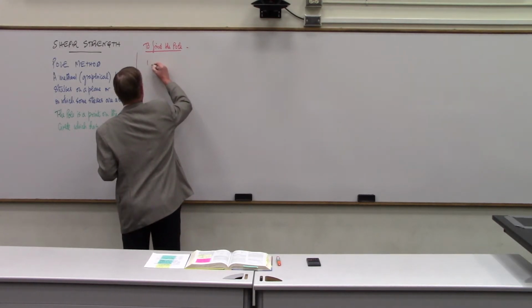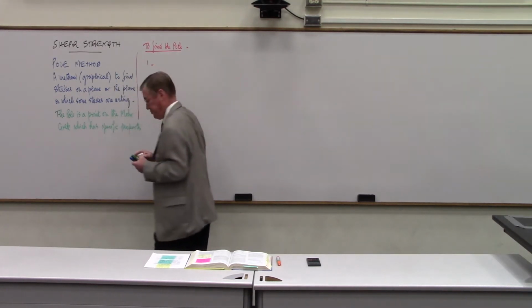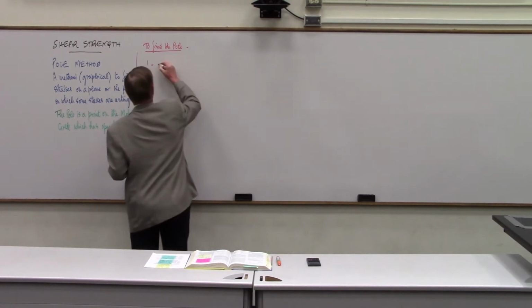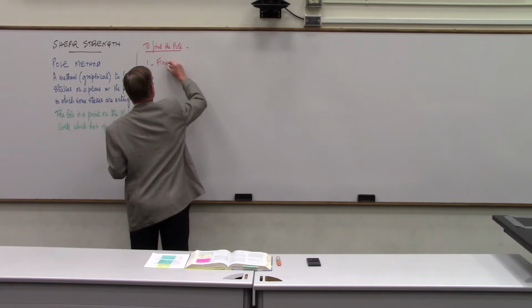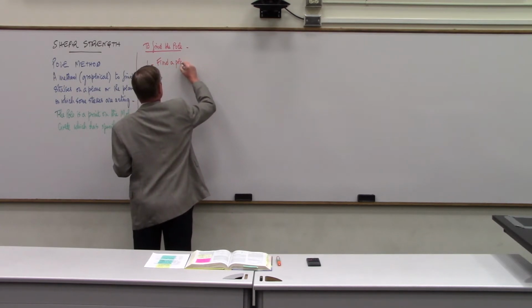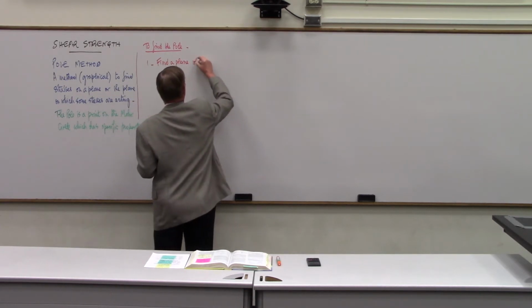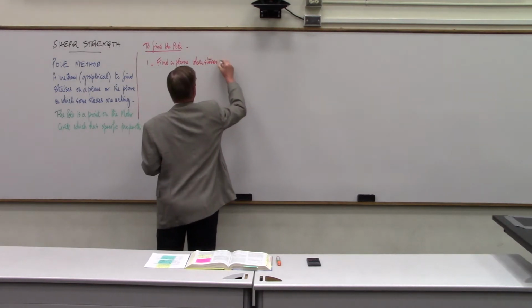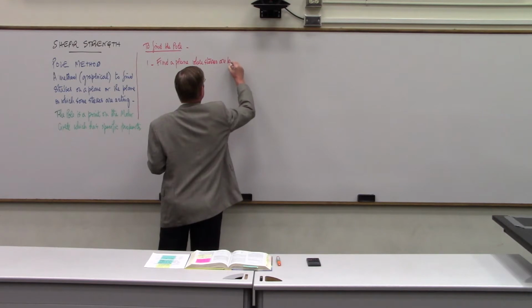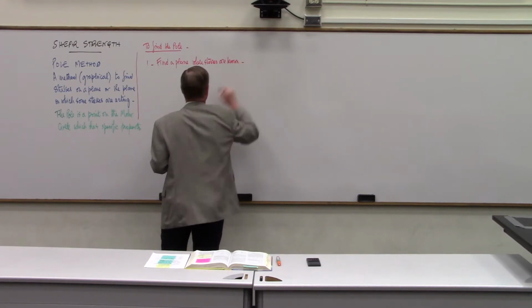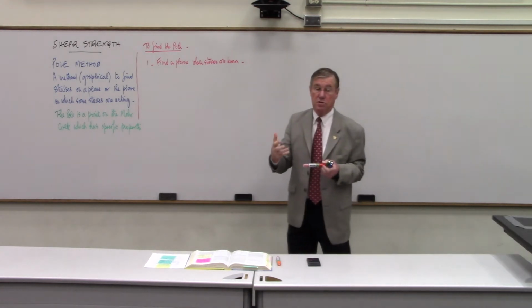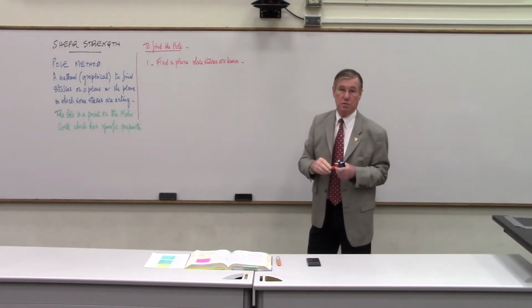So the first step is to find a plane where stresses are known. Okay? So whether we're in the direct shear test or a triaxial test, we need to find a plane where the stresses are known.